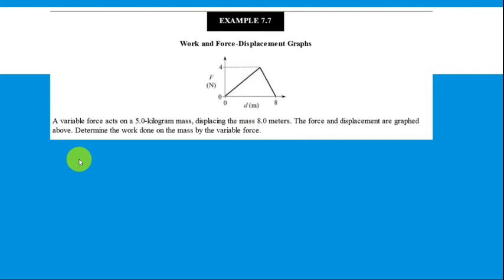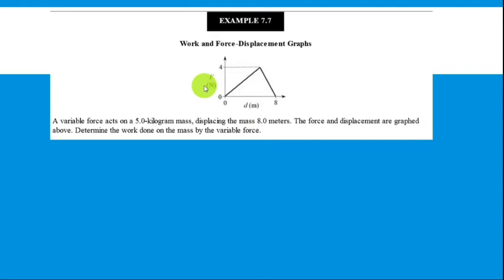A variable force acts on a 5 kilogram mass, displacing the mass 8 meters. The force and displacement are graphed above. Determine the work done on the mass by the variable force. They want you to find work. You have this graph. You have to remember that work on a force displacement graph is the area under the graph.